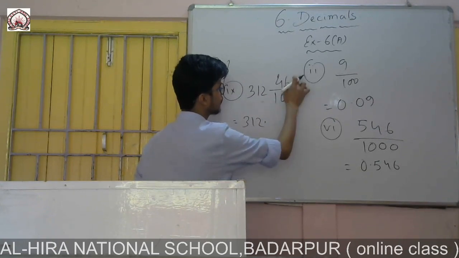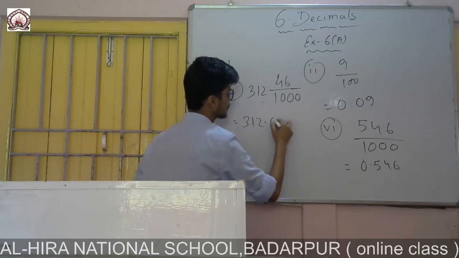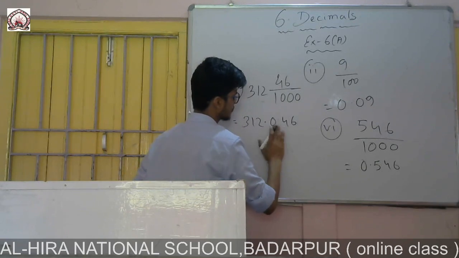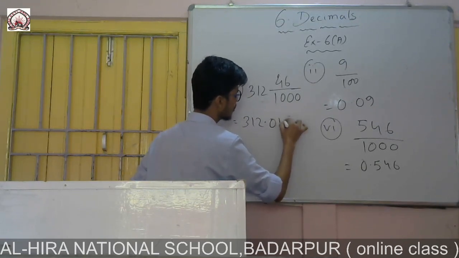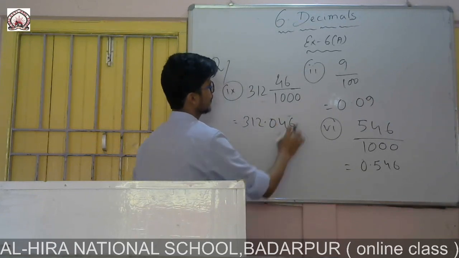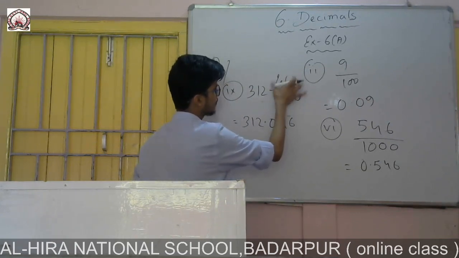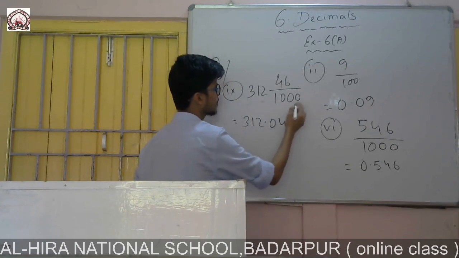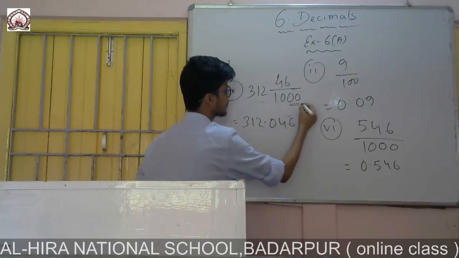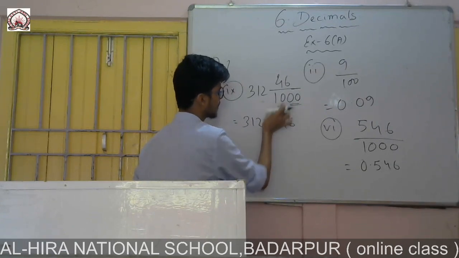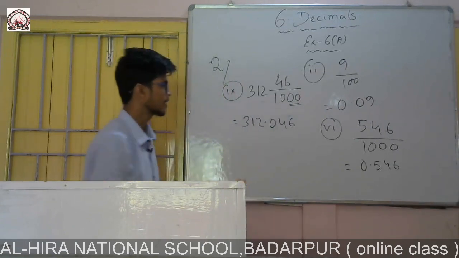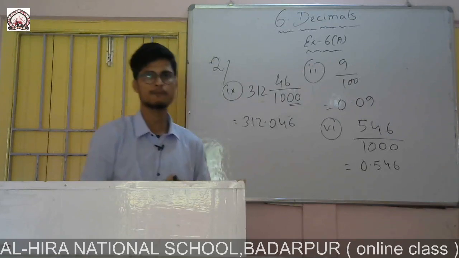It is 1000. 46 by 1000 is 0.046. There are 2 digits, that means in place of these 2 zeros I will put these 2 digits, 1 zero is left, so I gave 1 zero. In place of the 1 there will be the decimal. So it is 312.046.